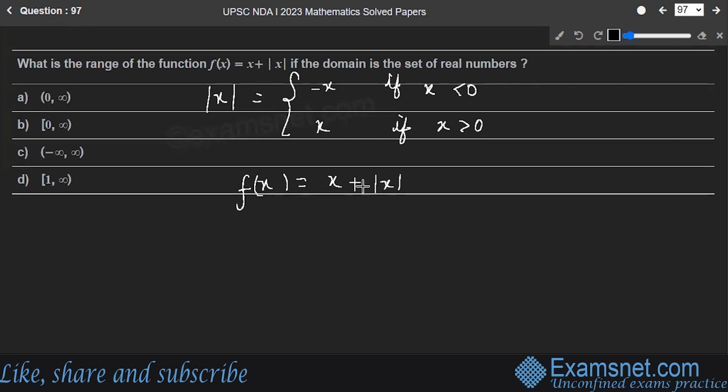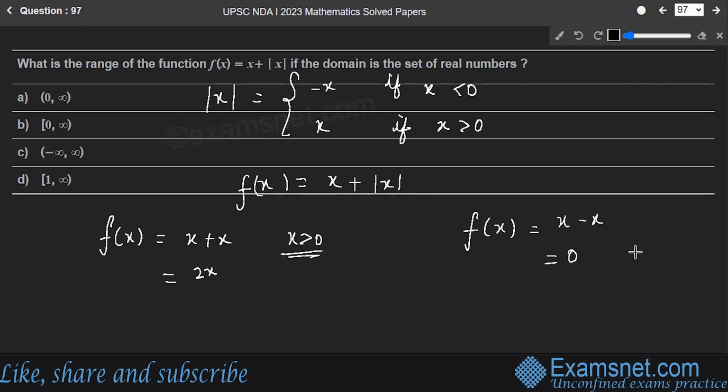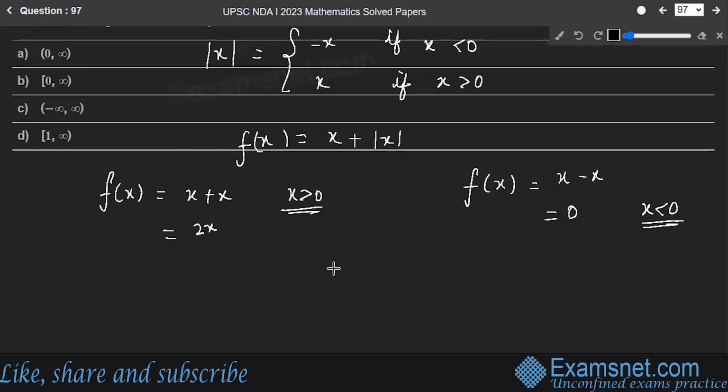So there are two possible cases. First, fx is equal to x plus x when x is greater than 0, so this is equal to 2x. fx is equal to 0 when x is less than 0, for all x belonging to the real numbers.